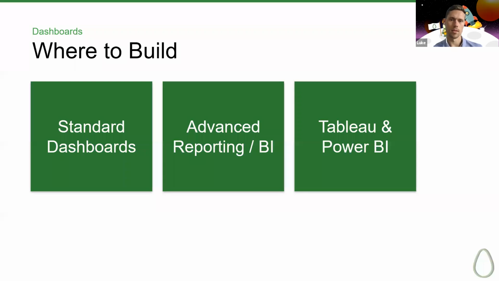And the advanced reporting, the key differences there are that they are very interactive. You have a few more options for charts and dashboard formatting and stuff. And in some ways, it can be more powerful.